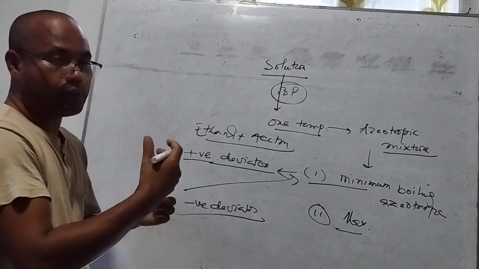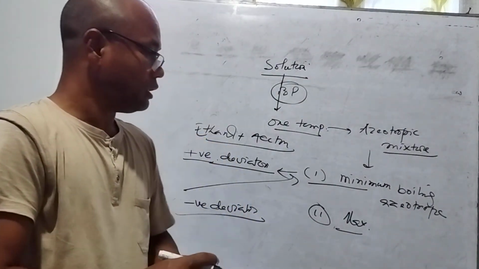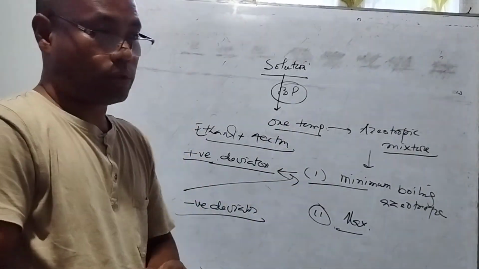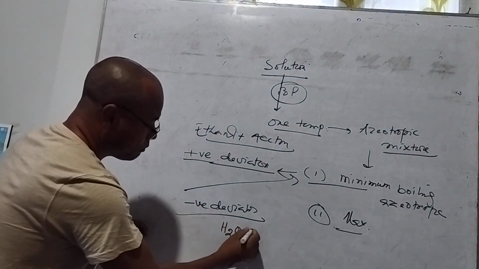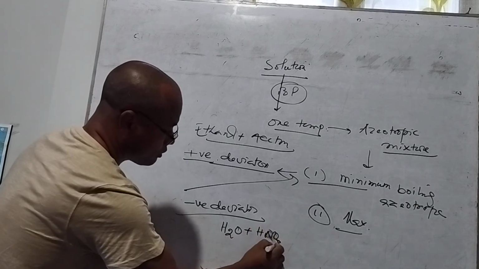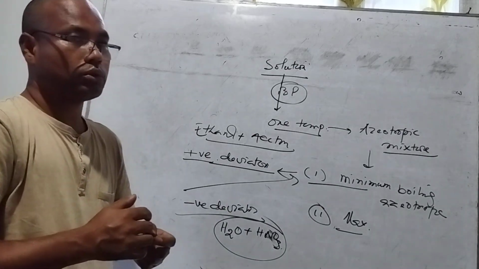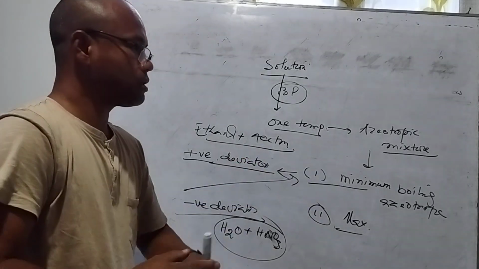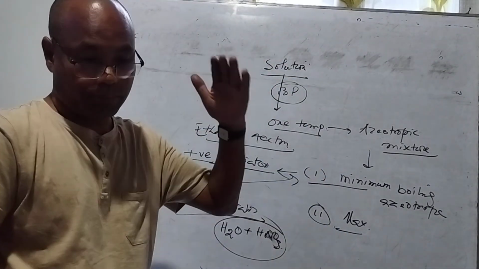So a non-ideal solution showing negative deviation shows the maximum boiling azeotrope. A very simple example is water plus HNO3, nitric acid. This mixture shows negative deviation and the maximum boiling azeotrope.